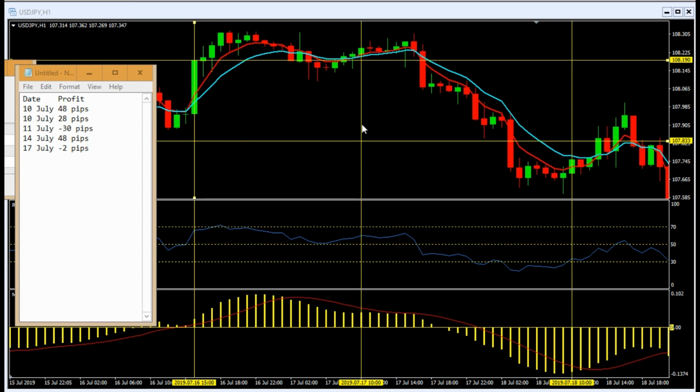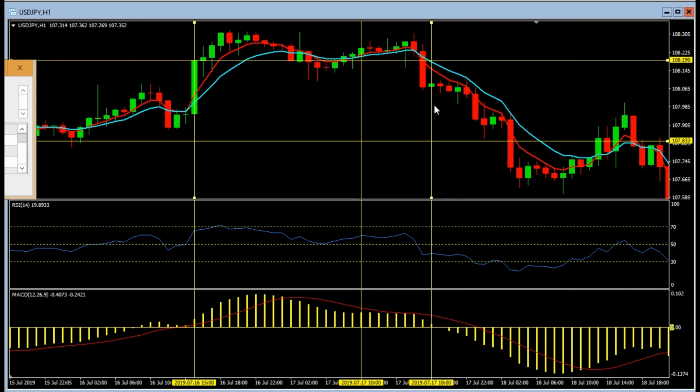Now if you move your line here, here is the crossover, this one, but the MACD is still up, so wait for the MACD.